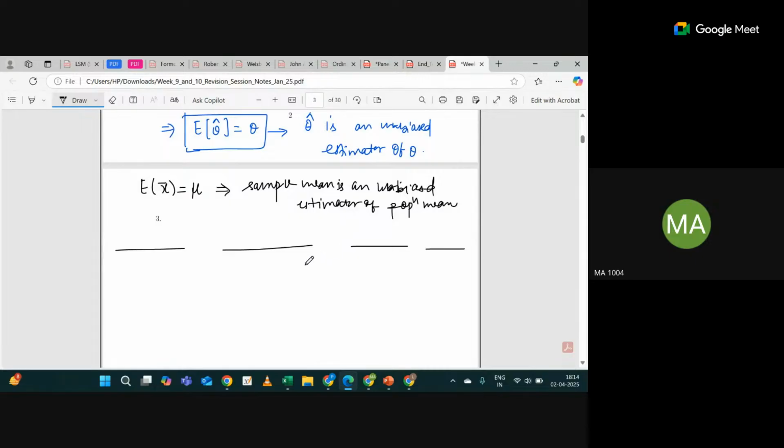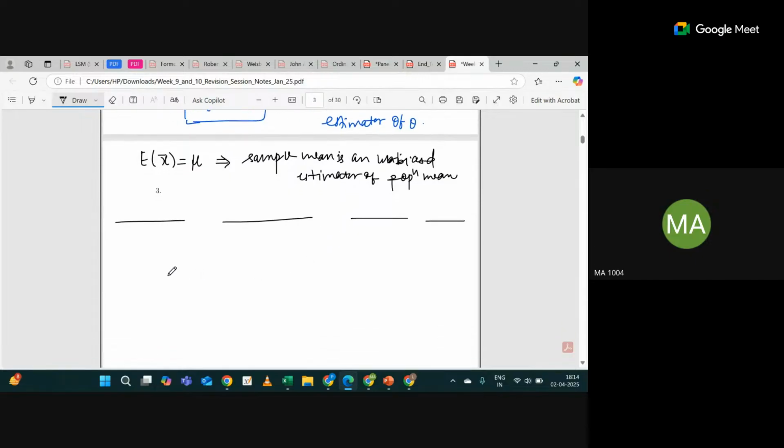The next thing is the variance of theta hat minus theta, that is, the variance of the error. What can I write for this? It is the same as the variance of theta hat, because theta is a constant, and the variance of x minus a is the same as the variance of x.